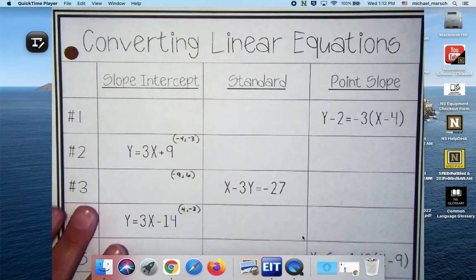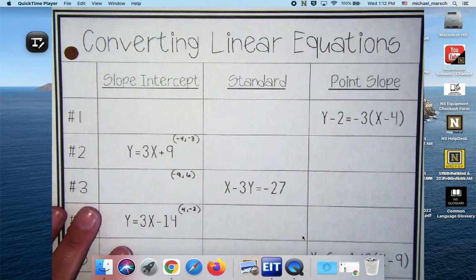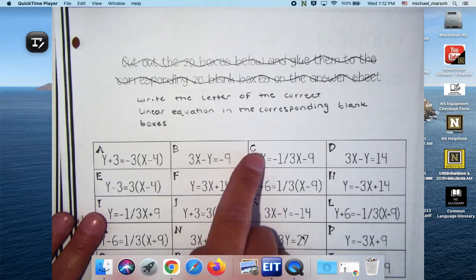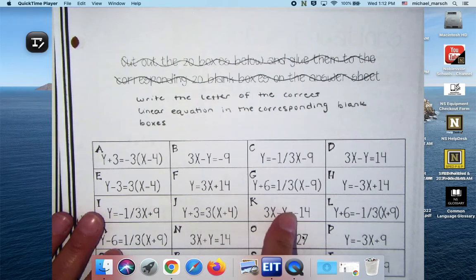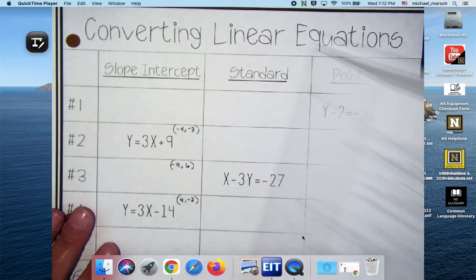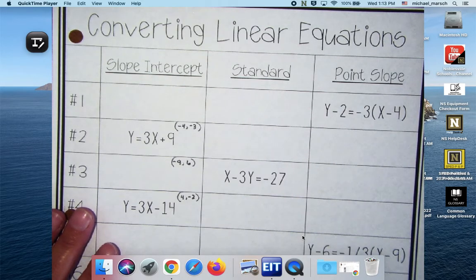Your job is to find the other 2. And then we're not going to cut and paste today. We're just going to write the letter that goes with the one you've used. Right? You can collaborate if you so desire.